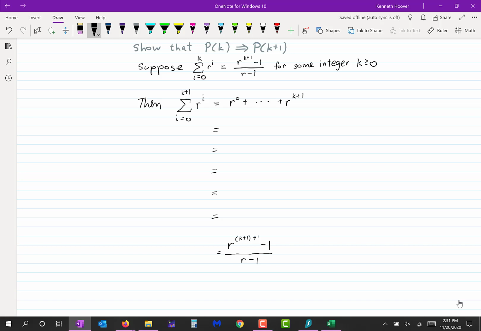Now notice that that would equal this. Correct? I'm just saying that the number that comes right before r to the k plus 1 is r to the k, right?